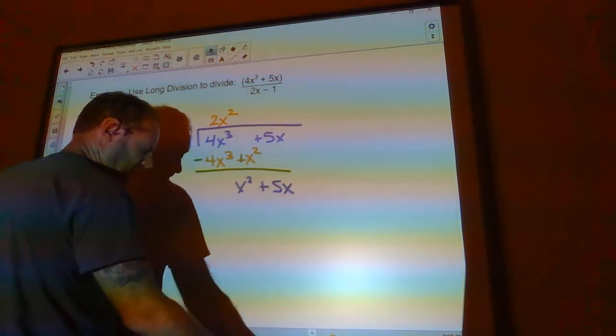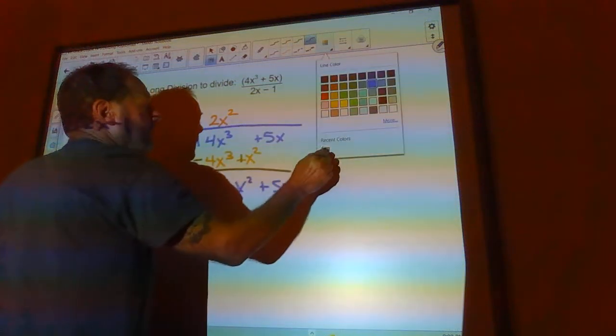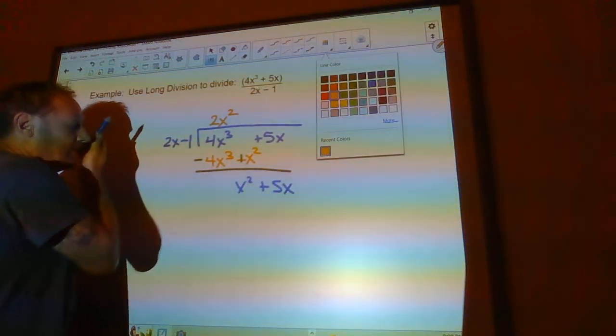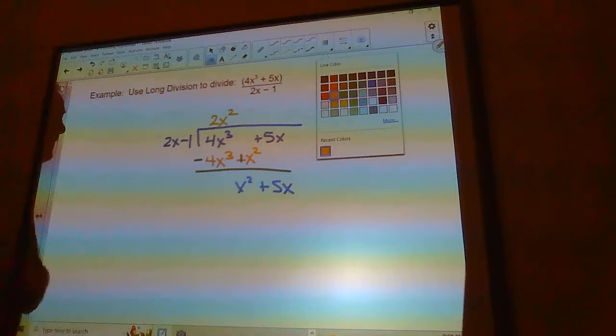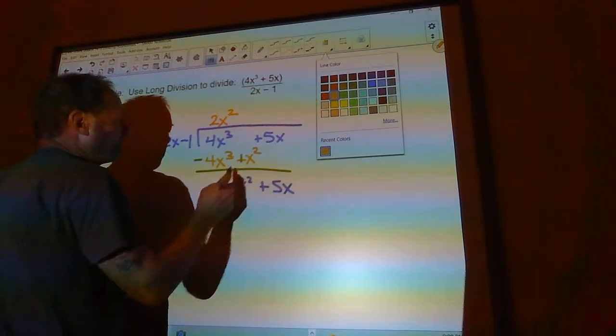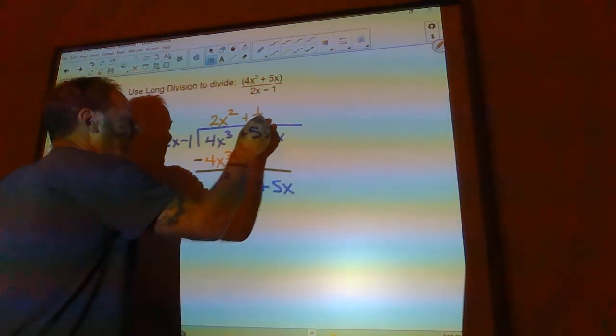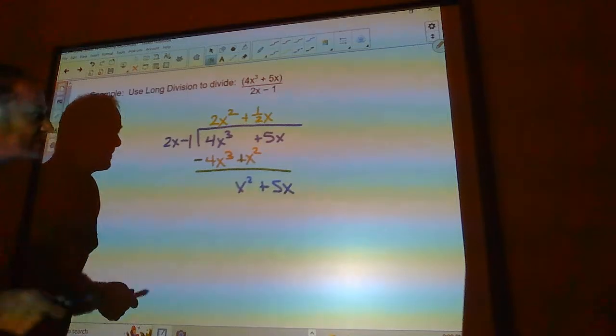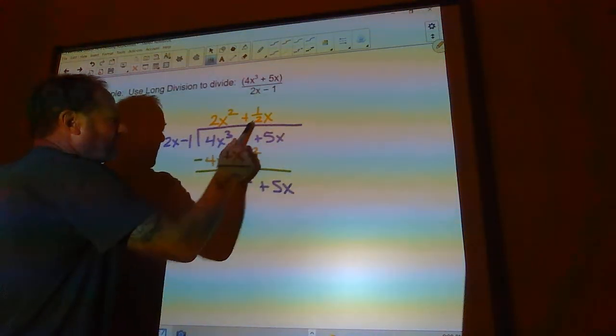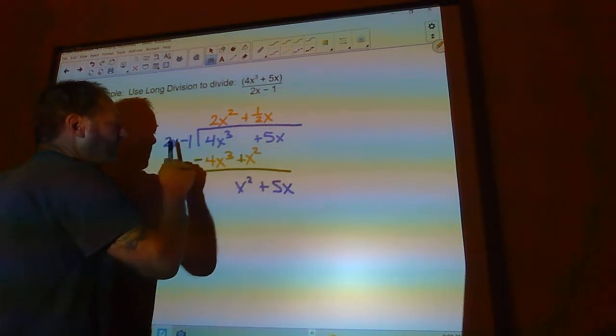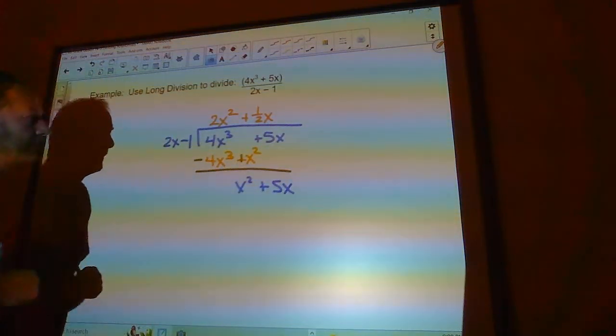Okay, so now I'm back to, what do I multiply 2x by to get x squared? All right, that's a little bit tough because I'm going to need a fraction. We're going to need plus a 1/2 x. Okay, now let's see how I get that. 2x times 1/2 x, the 2 times 1/2 is 1, and x times x is x squared.